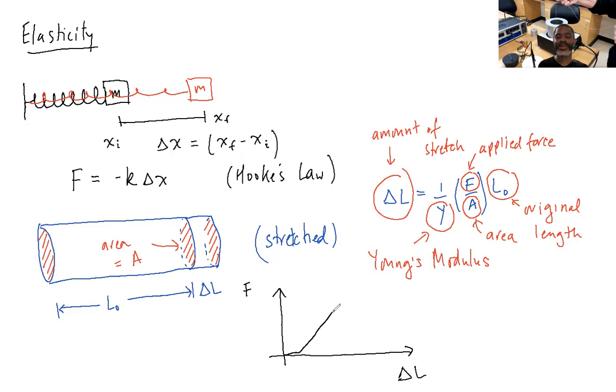And so it starts looking like a straight line. And then after a while, it kind of runs out of steam. It stops increasing linearly. And in fact, it starts going the other way. And then at some point it breaks, right? So you reach what is called ultimate stress, when you apply so much force that you break off a piece, okay? And so this region sort of between this point here and this point here, this is the linear region in which this formula applies.